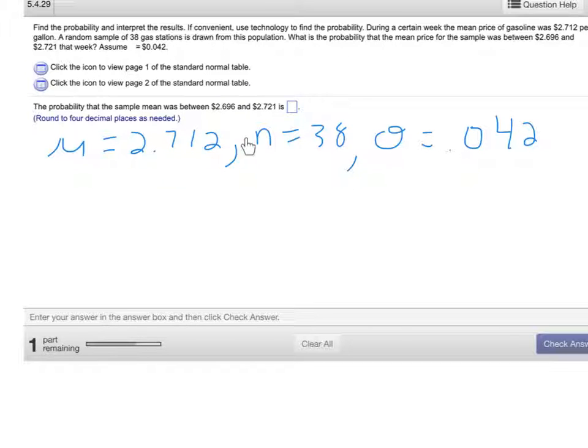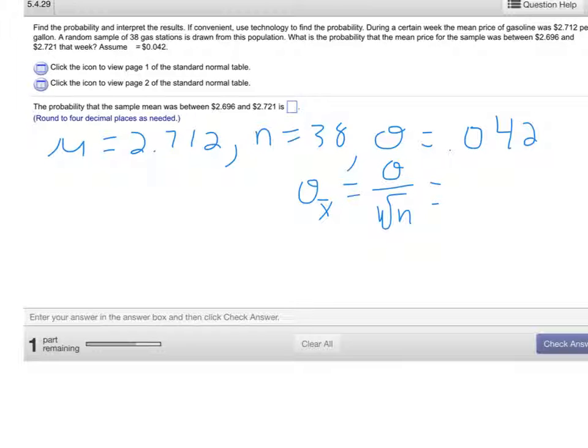Now we're taking a sample of it, and we need the standard deviation for a sample. The formula for the standard deviation of a sample is the standard deviation of the population over the square root of n.